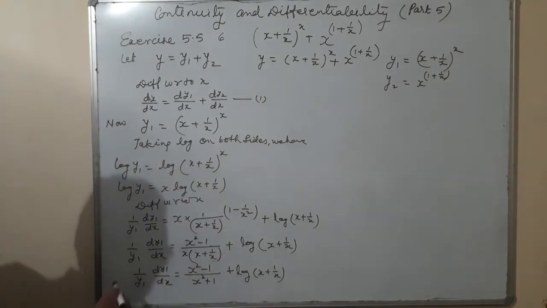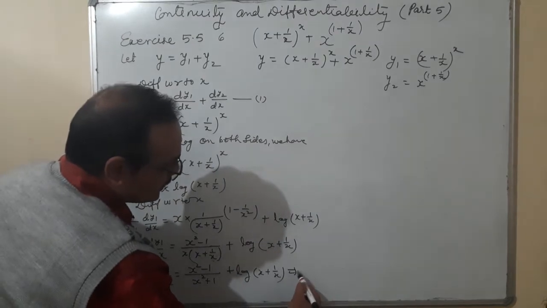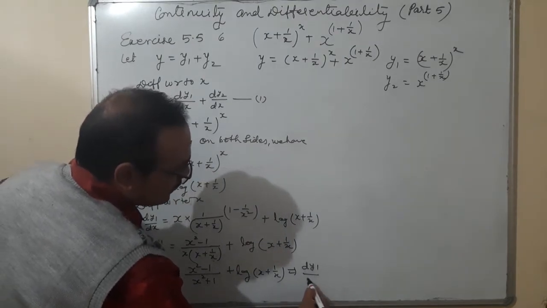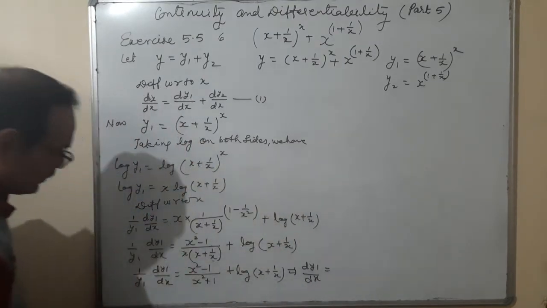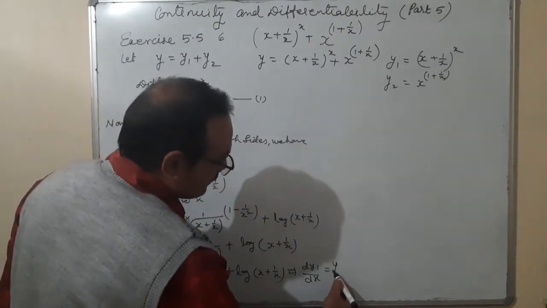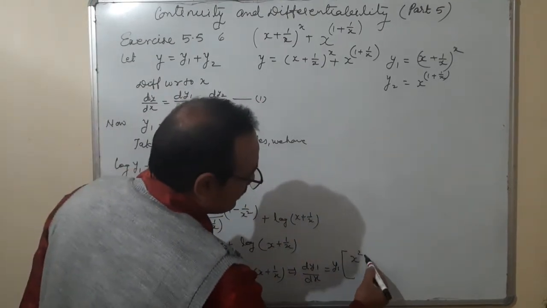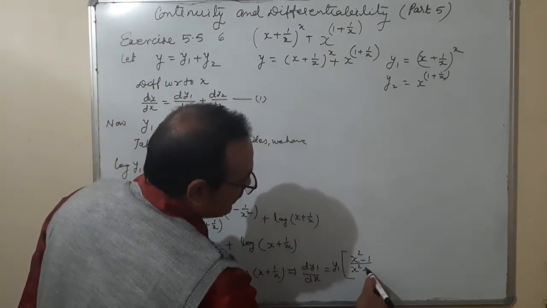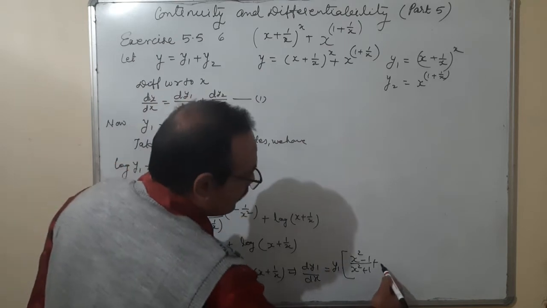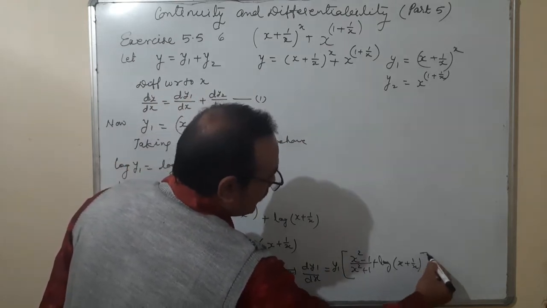So now the final term: dy1/dx is equal to, this y1 will be shifted here, y1 times the bracket (x^2 - 1)/(x^2 + 1) + log (x + 1/x).